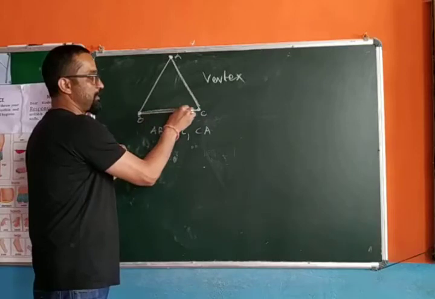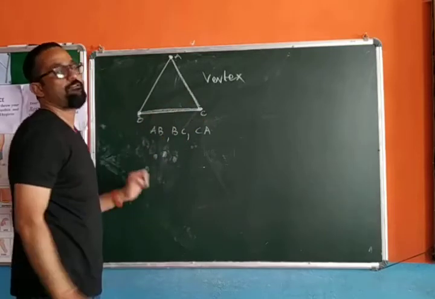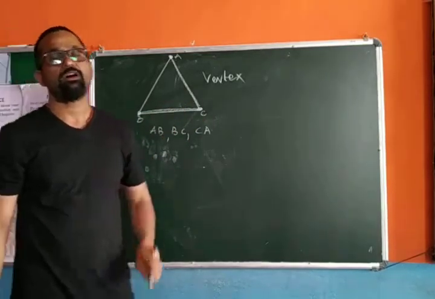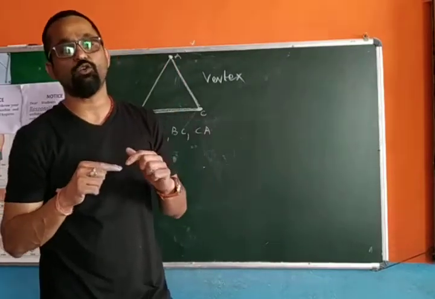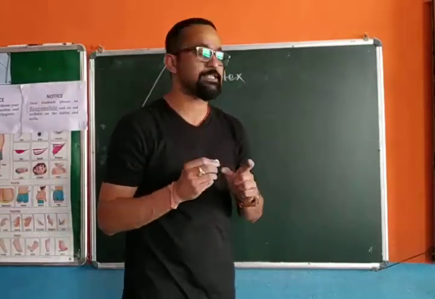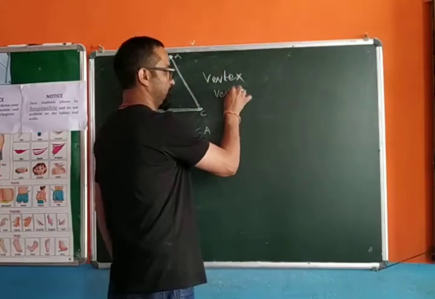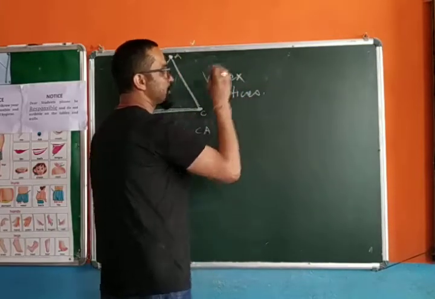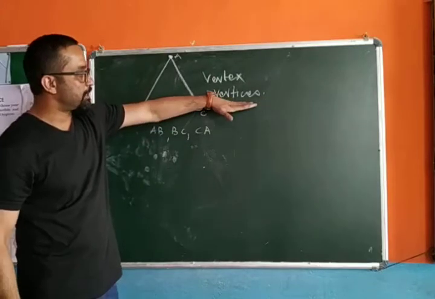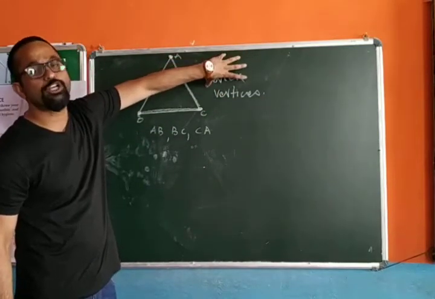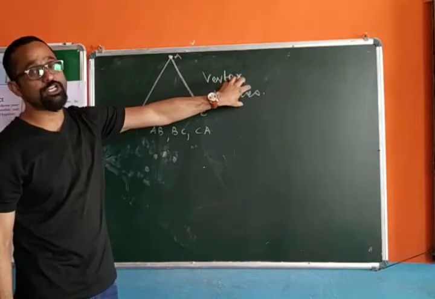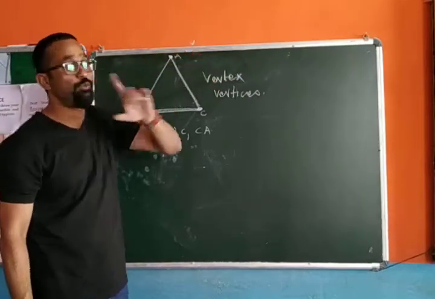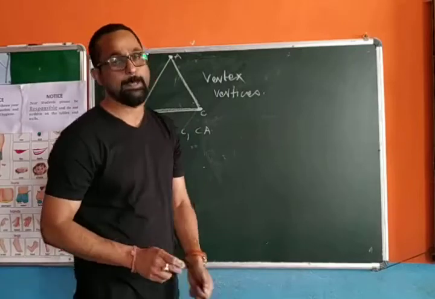AC and BC, they are meeting at C, vertex. A triangle has three vertices, and together we call them vertices. Vertices is the plural of vertex. Three together are vertices. Individually we call it a vertex.